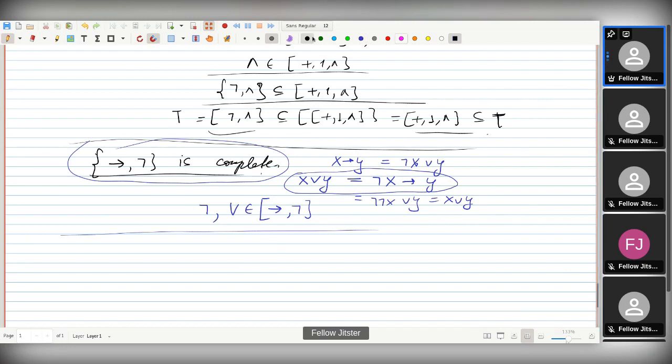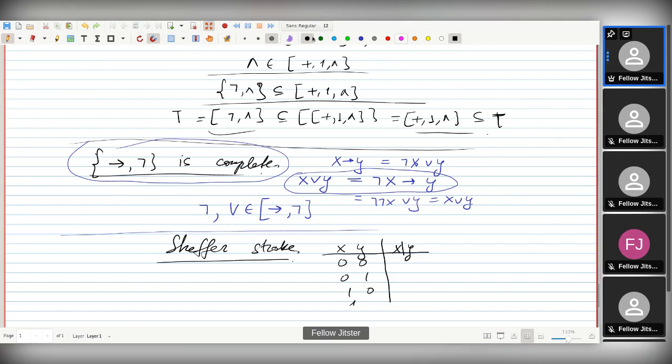Do we have a complete set that consists of one function? We have one. Let us recall the so-called Sheffer's stroke. I hope you remember this function. It takes two arguments and gives us the negated result of their conjunction, their negated conjunction. 0 and 0 gives us 1, 0 and 1 gives 1, 1 and 0 gives 1, 1 and 1 gives 0.